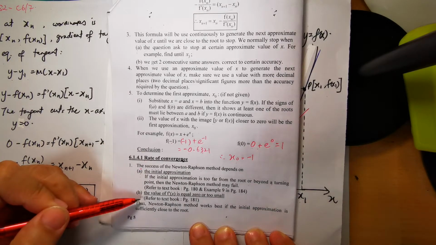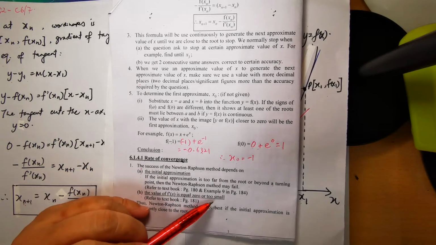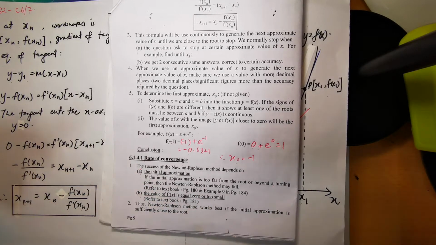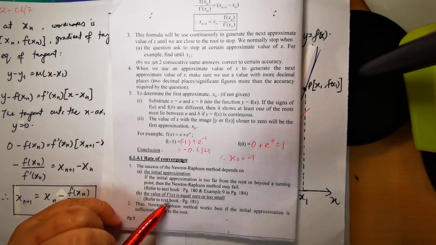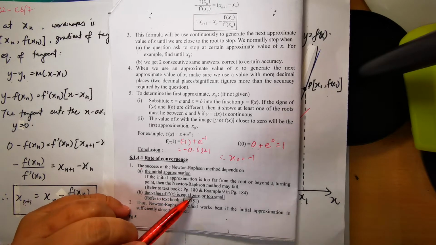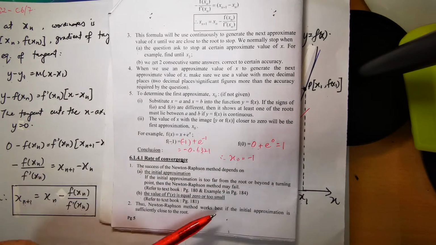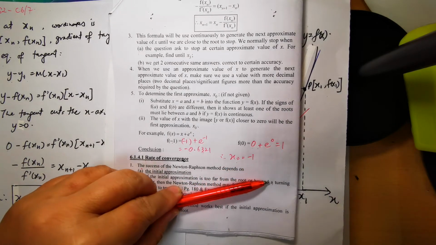The second criterion is when the value of f prime x is equal to 0 or too small. It means the tangent at a certain point has a gradient, the value of f prime x, equal to 0. Equal to 0 means what? It's a horizontal line. Or too small means almost close to a horizontal line.